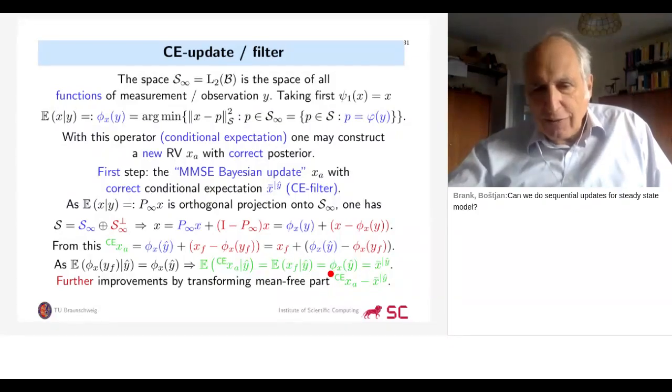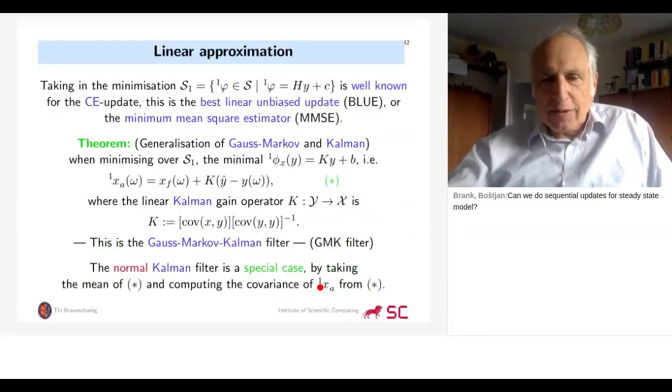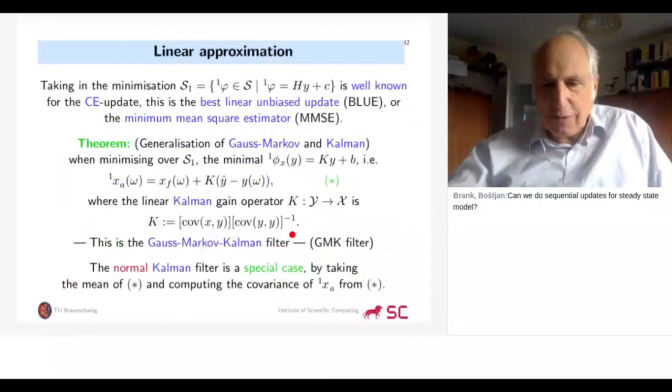And now if we want to correct it even further, we have to correct the mean free part. This is this part here, the difference between this here and its mean. If we could change this, then we can get any kind of distribution we want to be better fitting to the Bayesian distribution, okay? Good, but now computing this exactly is already difficult, yeah?